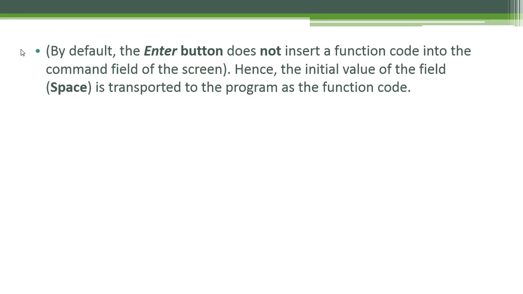Hence, the initial value of the field, space, is transported to the program as the function code. So whenever the OK code contains a space, that means that the user pressed enter on the keyboard. So you can control the enter by controlling the space in your case.